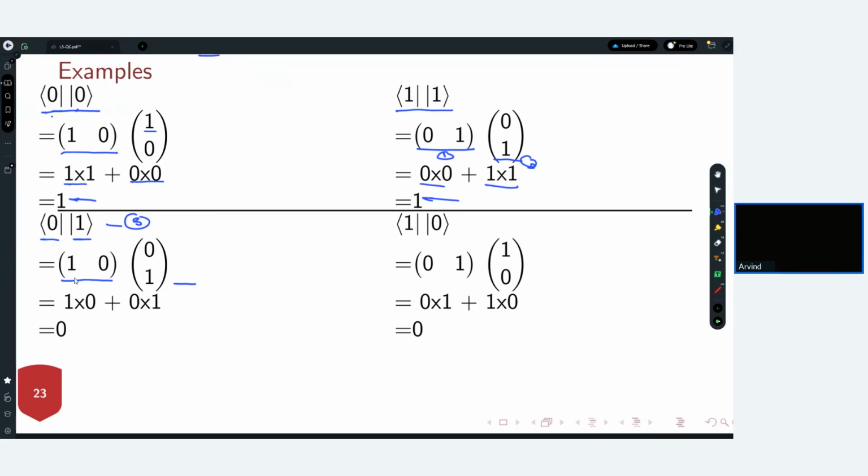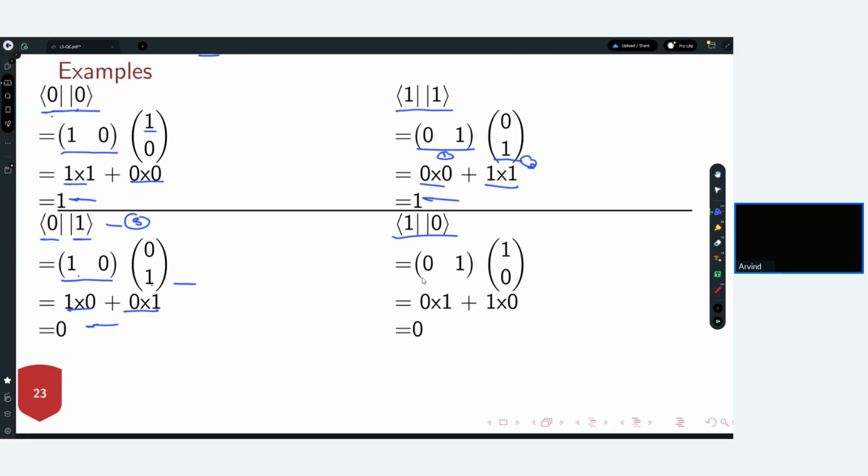So 1 is present at the 0th position, and in the second term 1 is present at the 1st row. If we multiply these two, we will get 1 cross 0 and 0 cross 1, which is nothing but 0. Let us take the fourth example, in which I am writing bra1 followed by ket0.